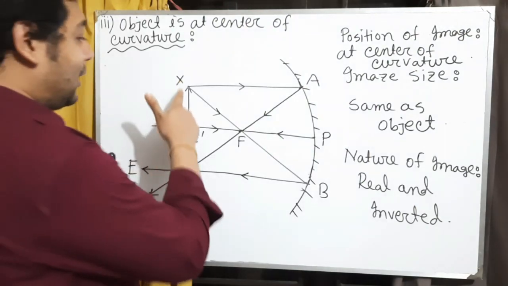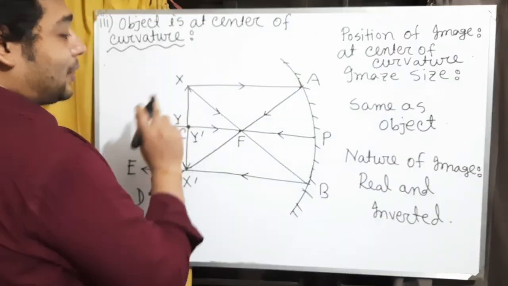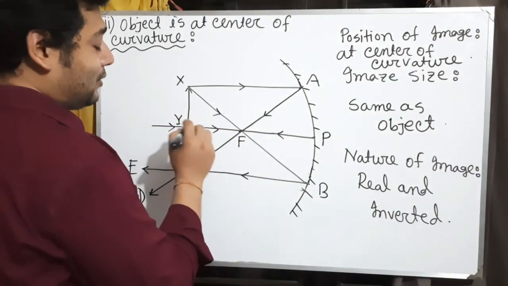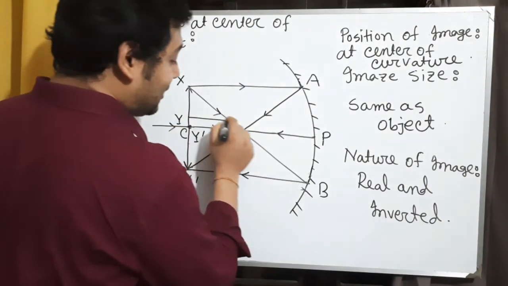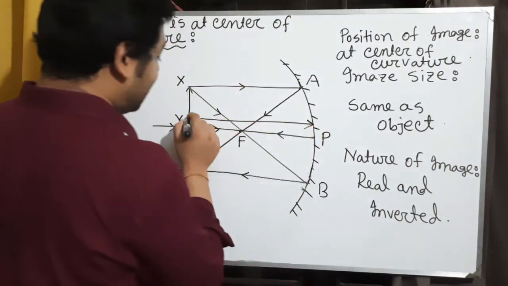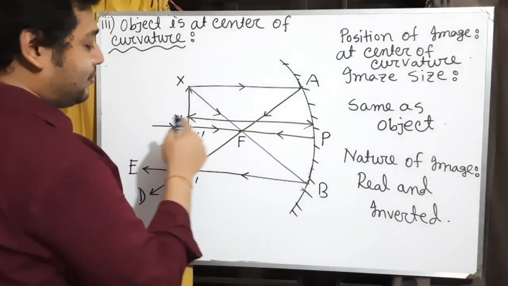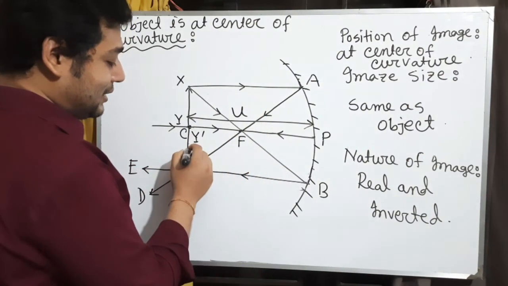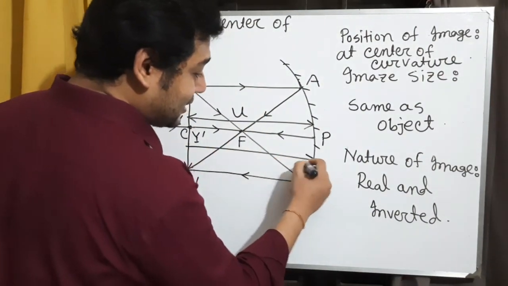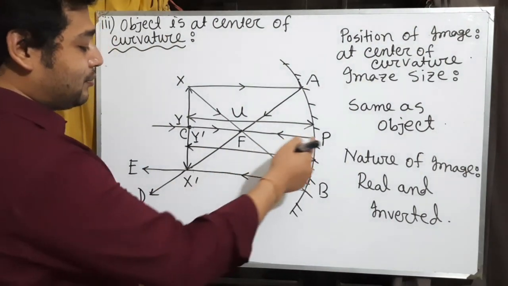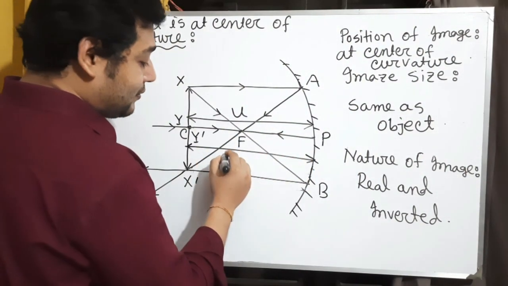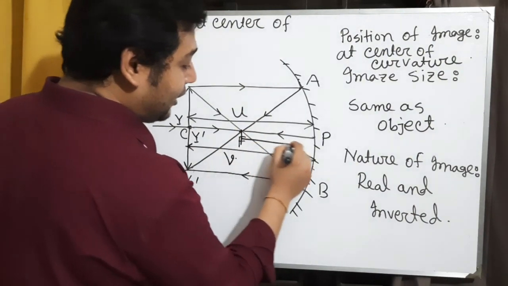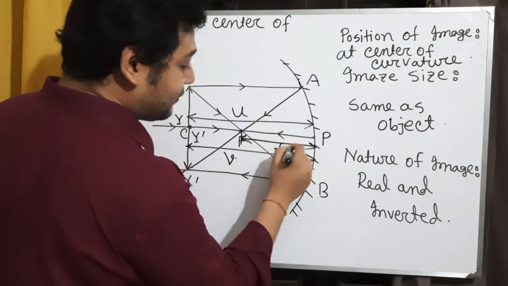So if this is our object, the distance of the object PX is u. The distance of the image PY prime is v, and the distance of the focal point from the pole is f.